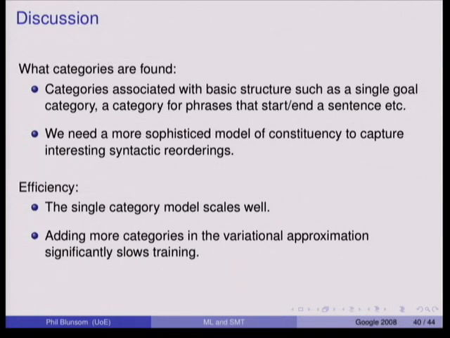There's lots of questions in this corpus. So we get a symbol that models the start of the sentence and the rest. And we see the similar thing for the end. But that's basically the extent of the structure we see. And if we are really hopeful, occasionally we see a sort of reordering category, but not consistently.